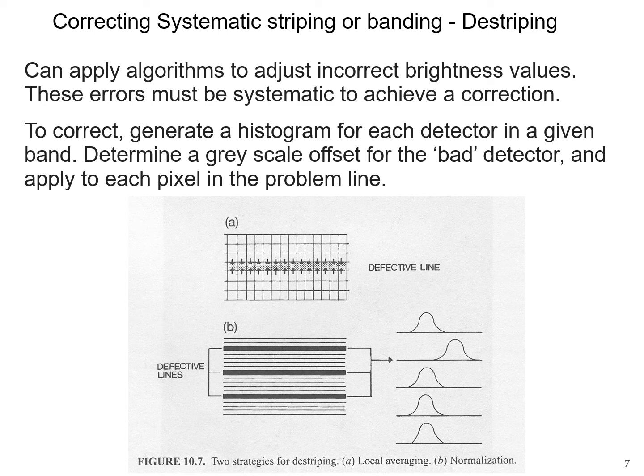And so what you can do is figure out the difference between the mean of the bad band and the mean of the adjacent bands, and then shift those values by the difference. So then you wind up with histograms that all have the same mean.